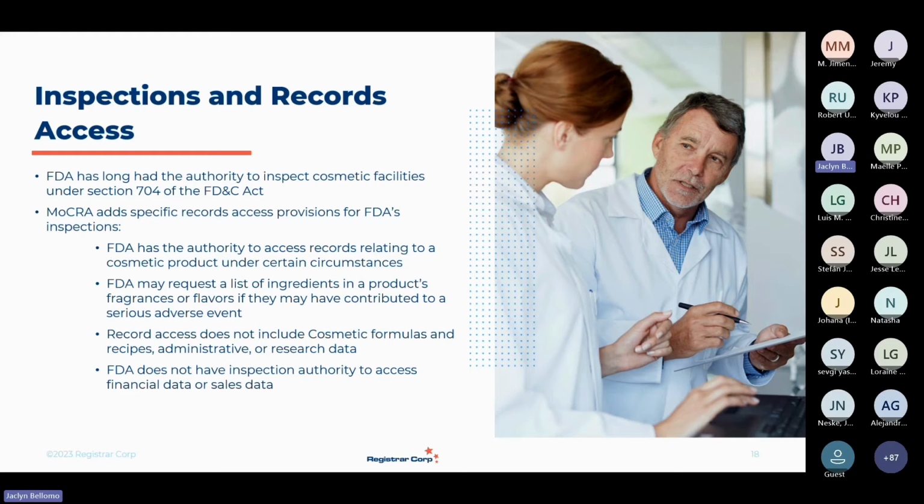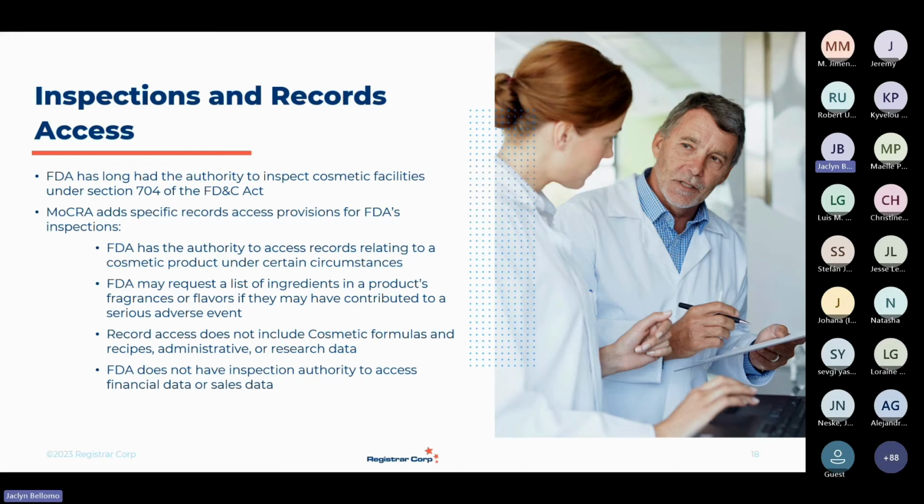Very important to note that this language means that if there is a product that is causing a public health concern, FDA can come and inspect and have access to these records.